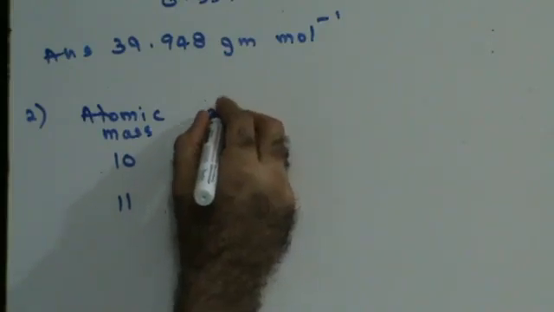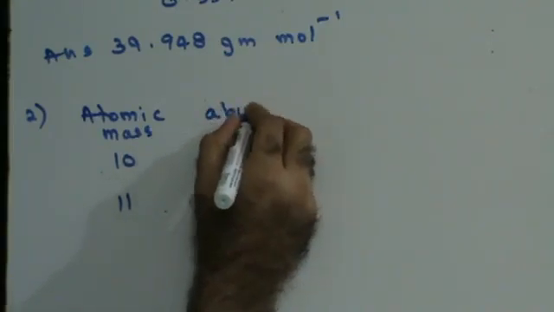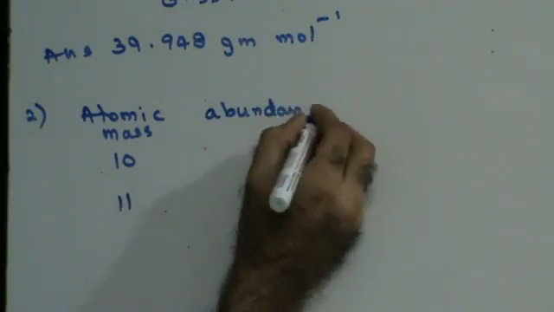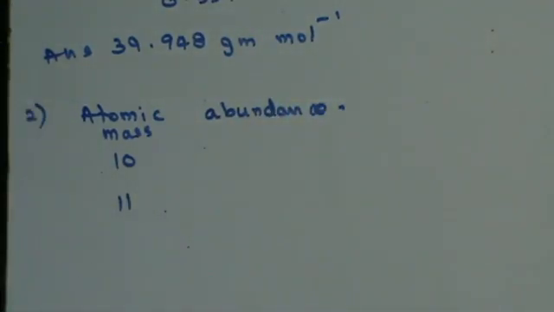What is the percentage abundance of the two isotopes if the average atomic mass number is 10.8?